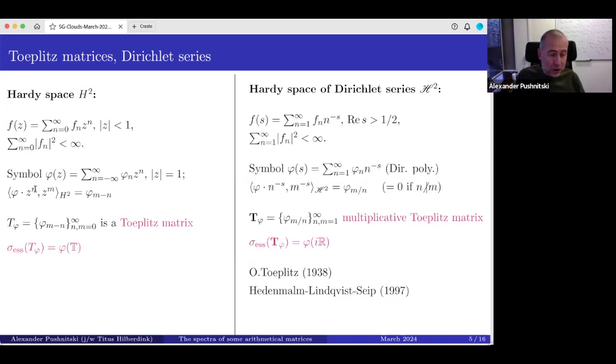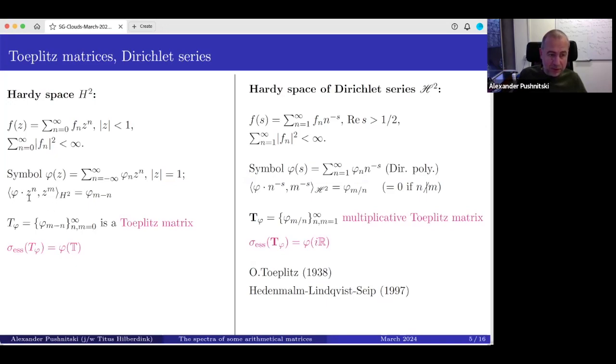I want to look at the matrix of multiplication operator by phi restricted to the Hardy space H2. So I forgot to say that the Hardy space H2 can be considered as a subspace of the L2 on the unit circle. So if you consider this, let's compute the matrix of this operation.